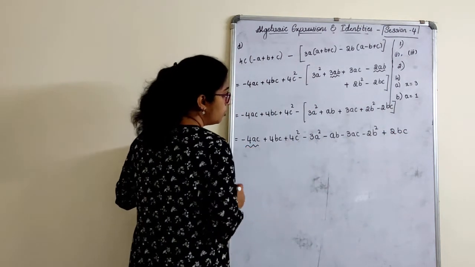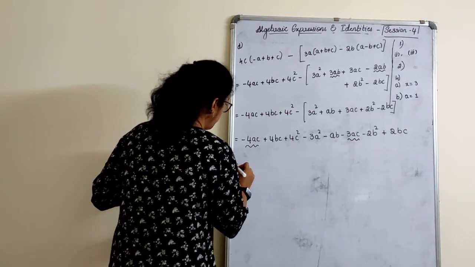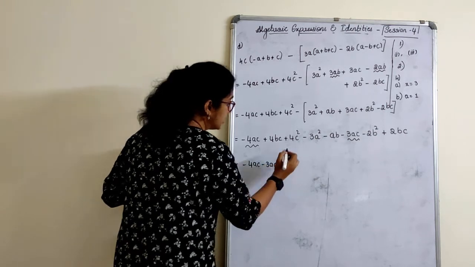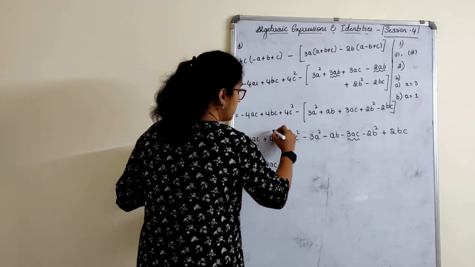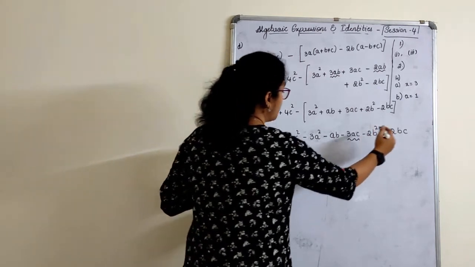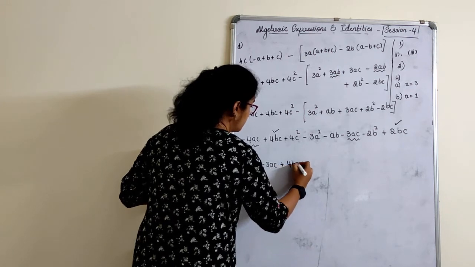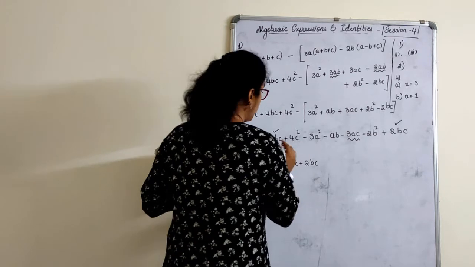Look for AC term we have here. Any other AC? No. Minus 4AC minus 3AC. Look for BC term. Plus 4BC plus 2BC.